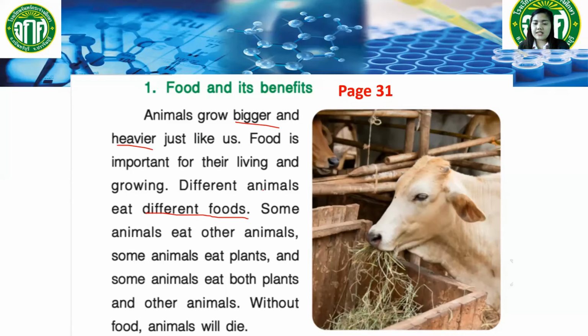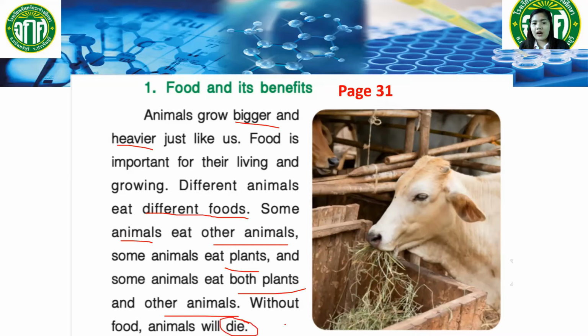Let's say, for example, the cow's food is different from the fish's food, right? Because they are different. Some animals eat other animals. Some animals eat plants and some animals eat both plants and other animals. Without food, animals will die.